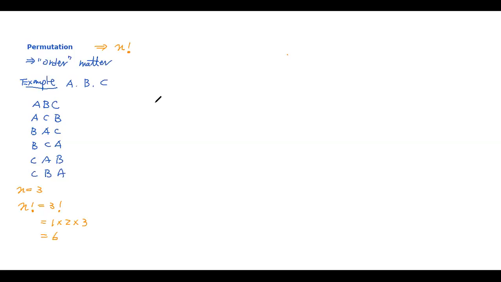And then the next thing, we talk about permutation of a subset. Same example: I have A, B, C, 3 letters, and I'm going to pick 2.